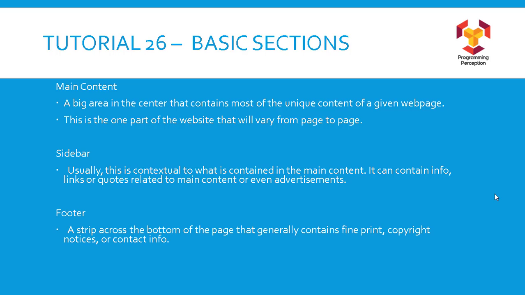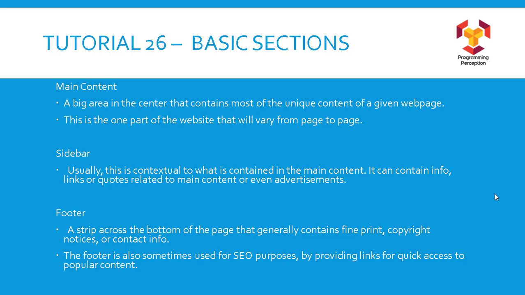Footer. Just like the header is at the top of the page, the footer is at the bottom of the page, and it generally contains fine print, copyright notices or contact info. The footer is also sometimes used for SEO, search engine optimization purposes, by providing links for quick access to popular content.